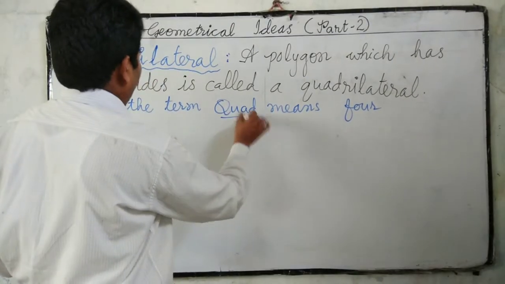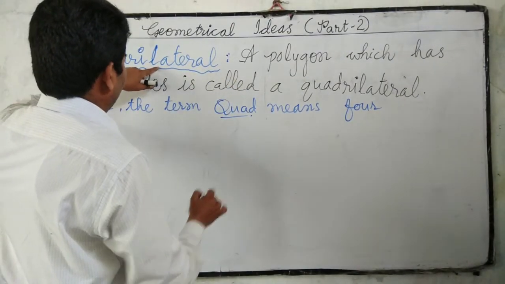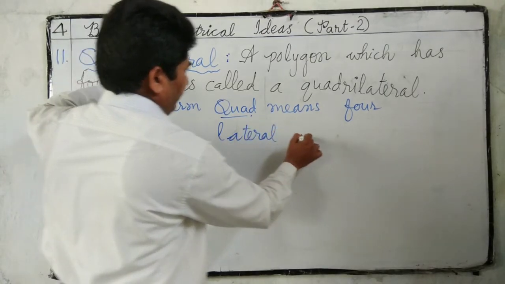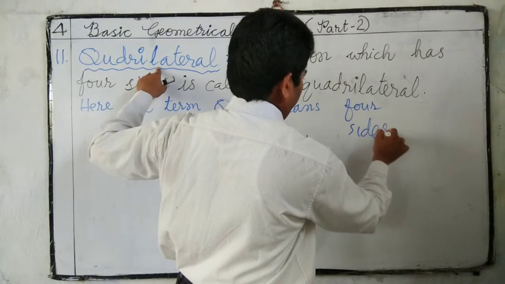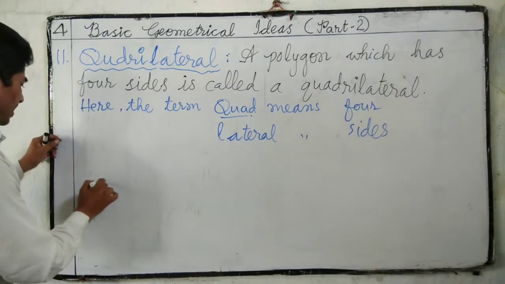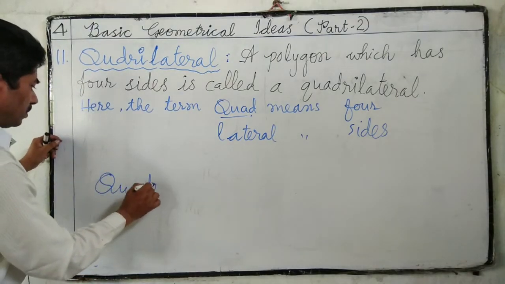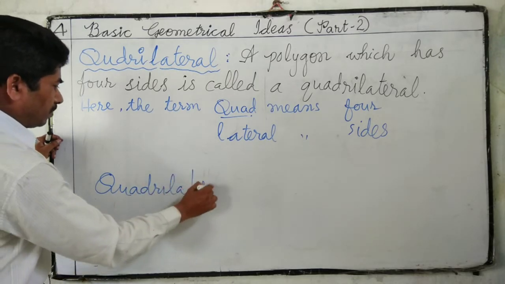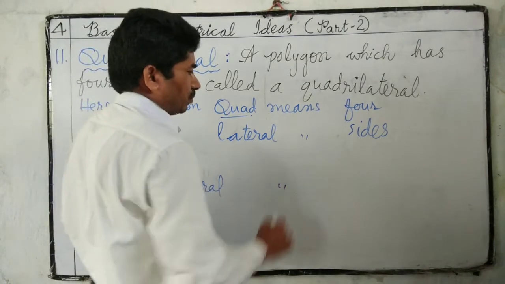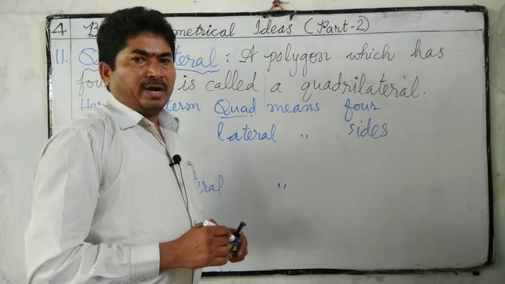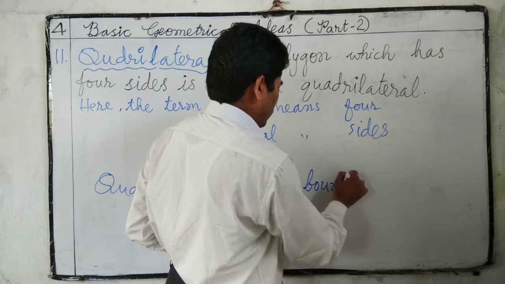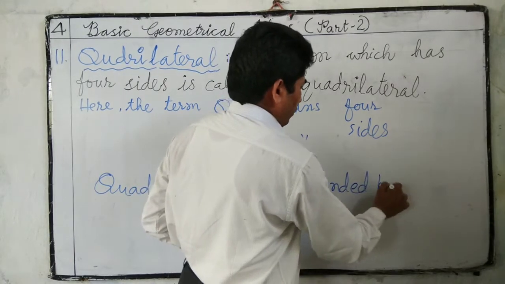The term lateral means sides. So the term quadrilateral means a figure bounded by 4 sides.